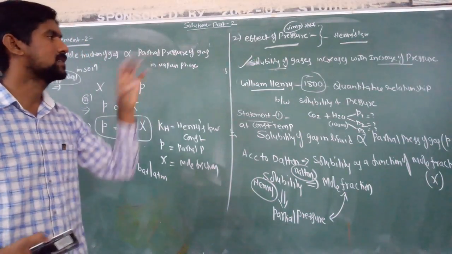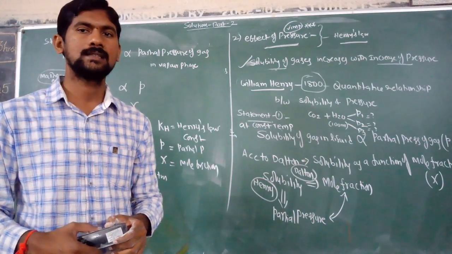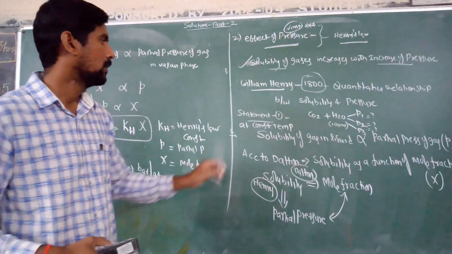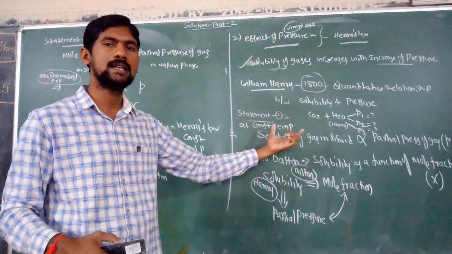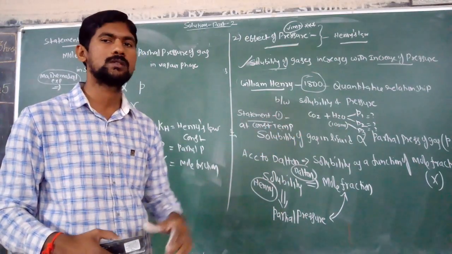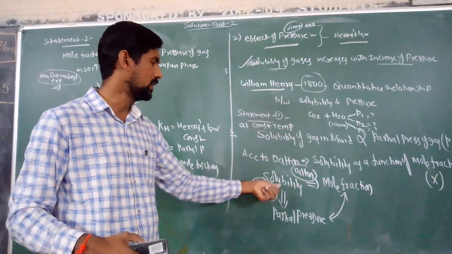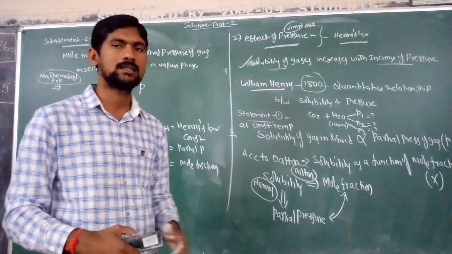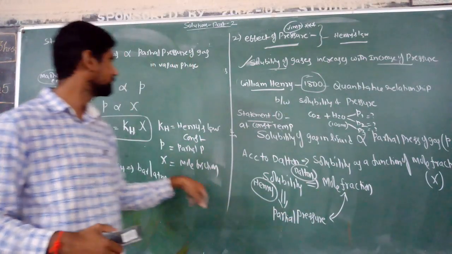So the two important statements of Henry's law are: solubility of gases increases with increase of pressure, and at constant temperature the solubility of gases in liquids is directly proportional to the partial pressure of the gas over the solution. Then solubility is measured in terms of mole fractions. Therefore we can relate mole fraction and partial pressure.